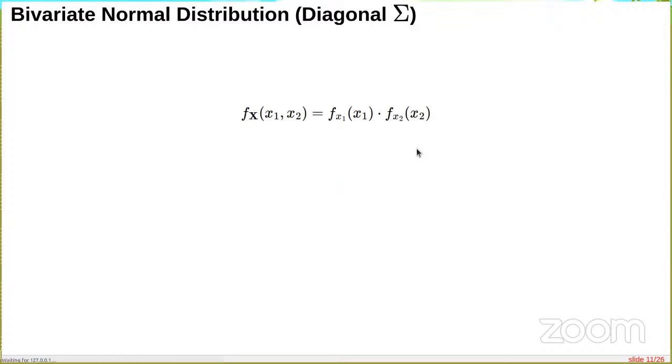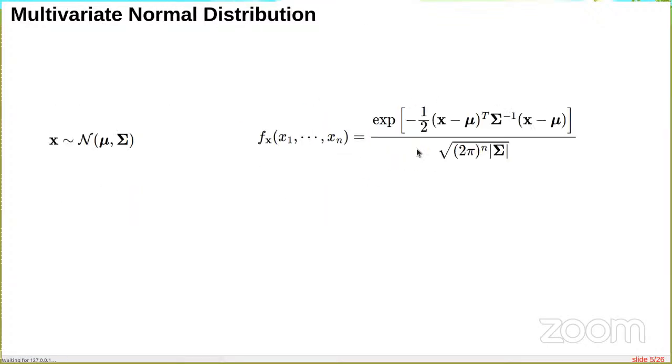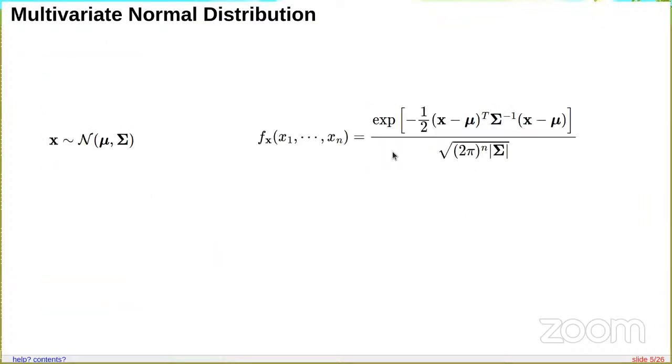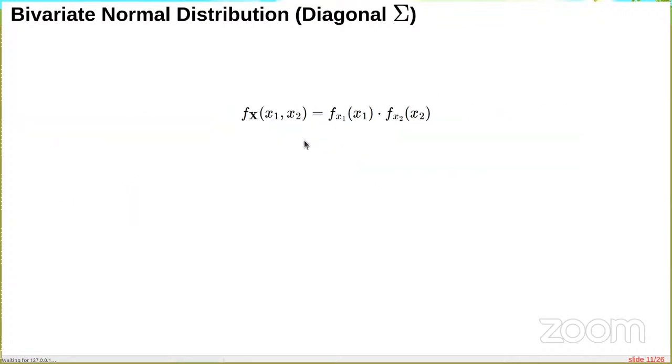So that is what we are trying to do, because all along I have been talking about f of x, which is actually p of x given y. In naive Bayes we are always trying to model the conditional distribution, so this is for one class. That is what you have to remember. The features are independent, but in the context of naive Bayes, the features are independent given a class.